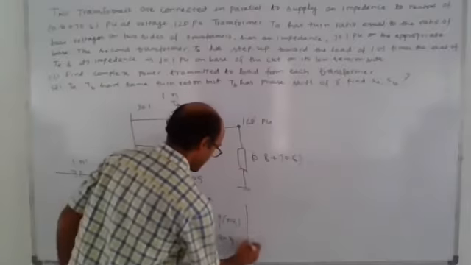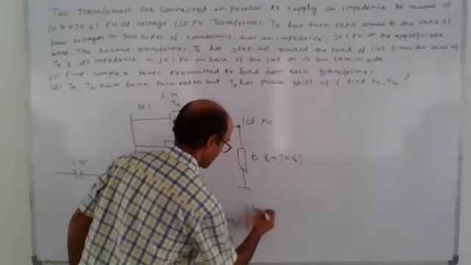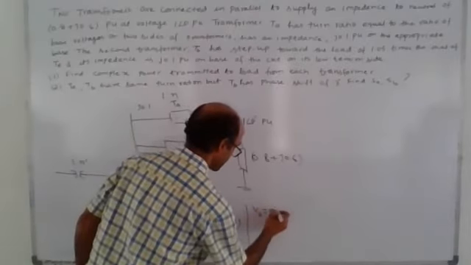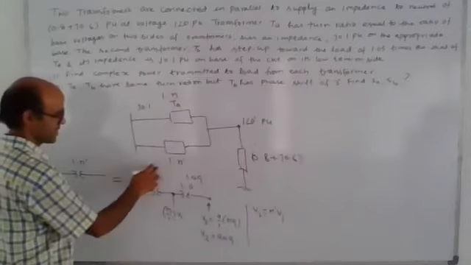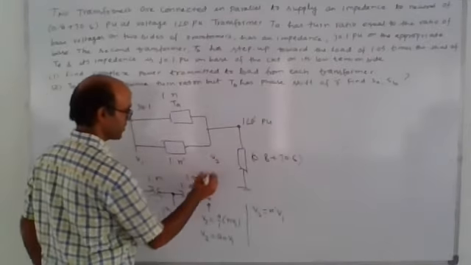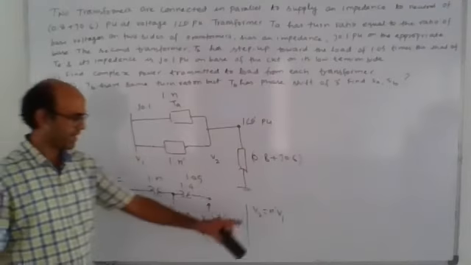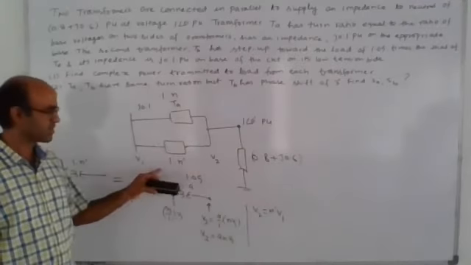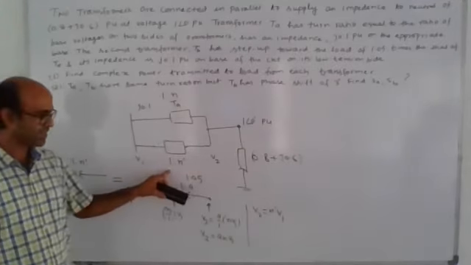So I am writing this. V2 is nothing but N dash times V1. You can write this: suppose this voltage is V1, this voltage is V2. V2 is N dash times V1 from this turn ratio.